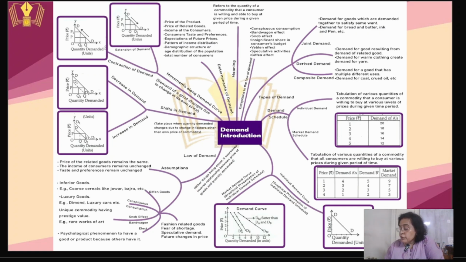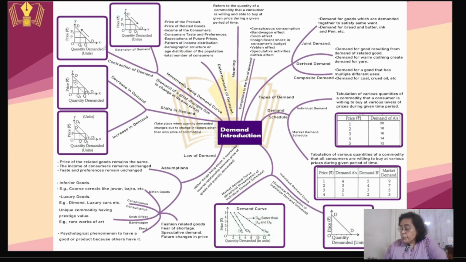Generally, demand for any factor of production, say demand for a machine, is called derived demand. This is because the demand for some goods which are produced with the help of that machine has increased in the market. As a result, demand for that machine will also increase. That means it is demand for a good resulting from demand for related goods.